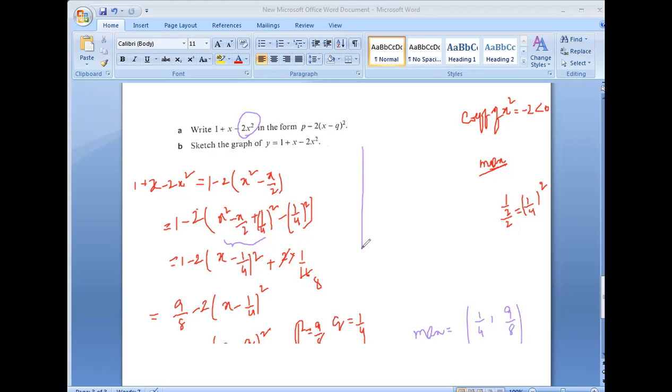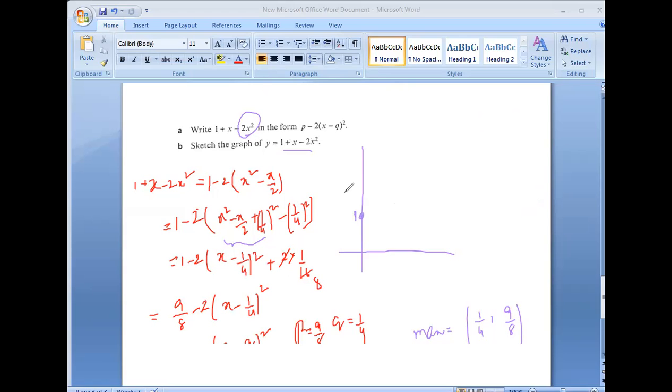Now how do we draw the diagram here? Very easy. When you draw this diagram, first find the x coordinates where y is equal to 0. If you are able to factorize, do the factorization, or else just draw it. Put x equal to 0, then y will be 1 here.